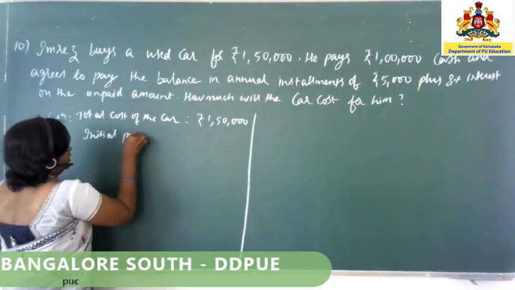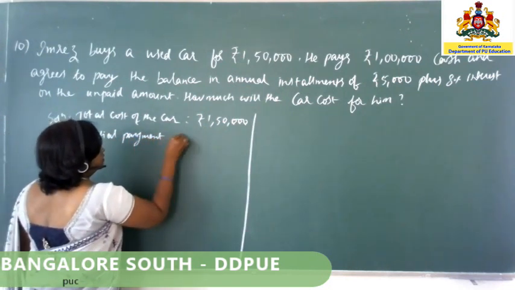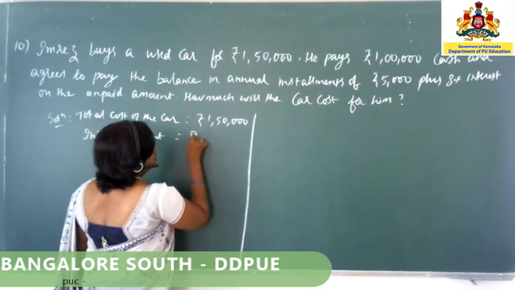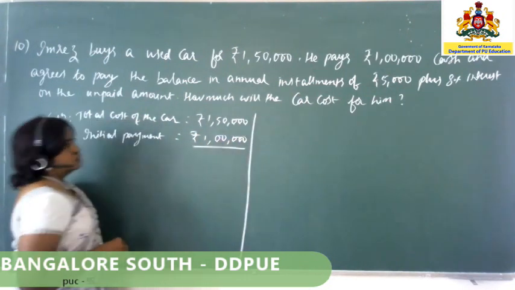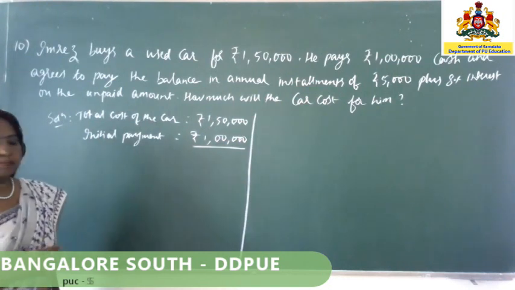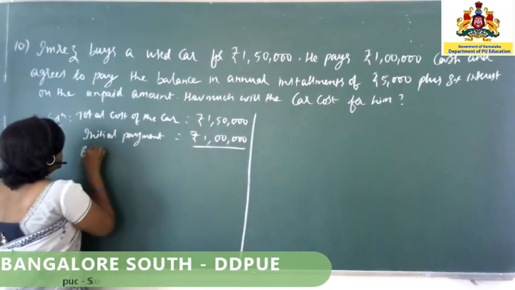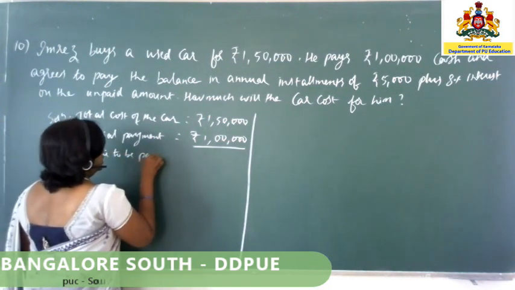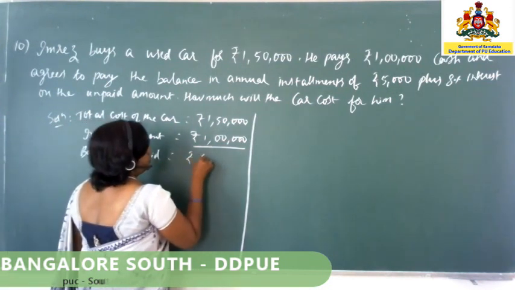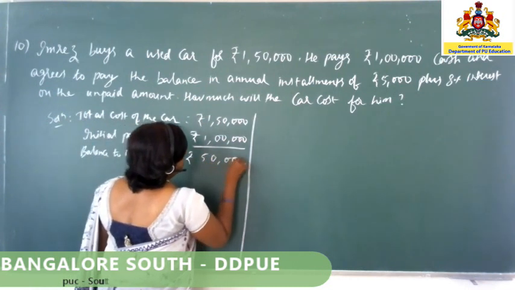Initial payment is equal to rupees 1 lakh. So balance to be paid is equal to rupees 50,000.